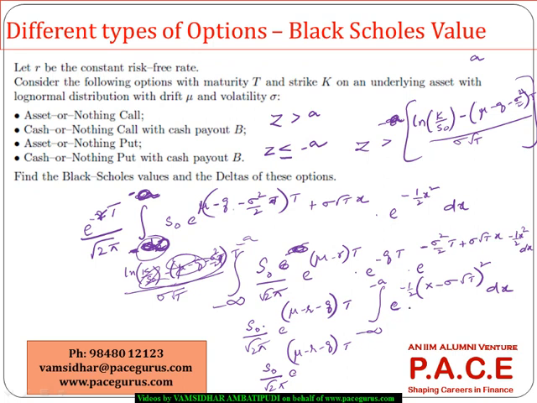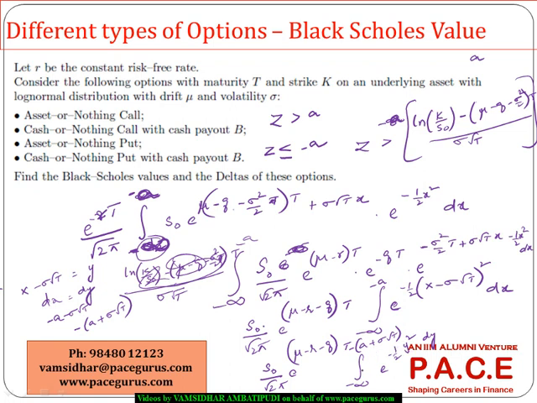If I say x minus sigma root t is equal to y, dx equal to dy, and when I substitute minus a, it becomes minus a minus sigma root t. So it is becoming minus of a plus sigma root t. So I am integrating it between minus infinity to minus of a plus sigma root t. It is becoming e power minus half y squared dy.